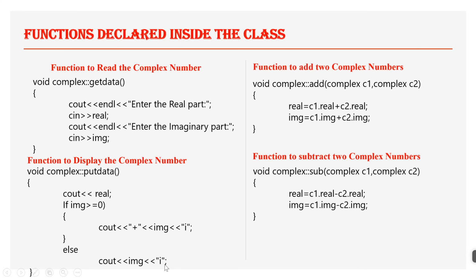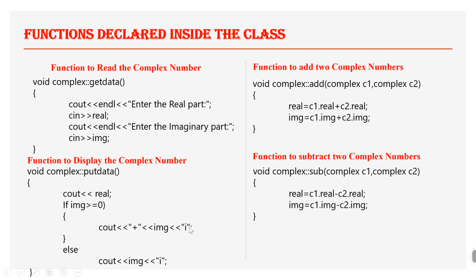imaginary as I. So if imaginary is greater than or equal to 0, straight away I will cout plus I, means real value plus the imaginary value. That means 6 already cout plus as a text message, then 4i text message. So 6 plus 4i.